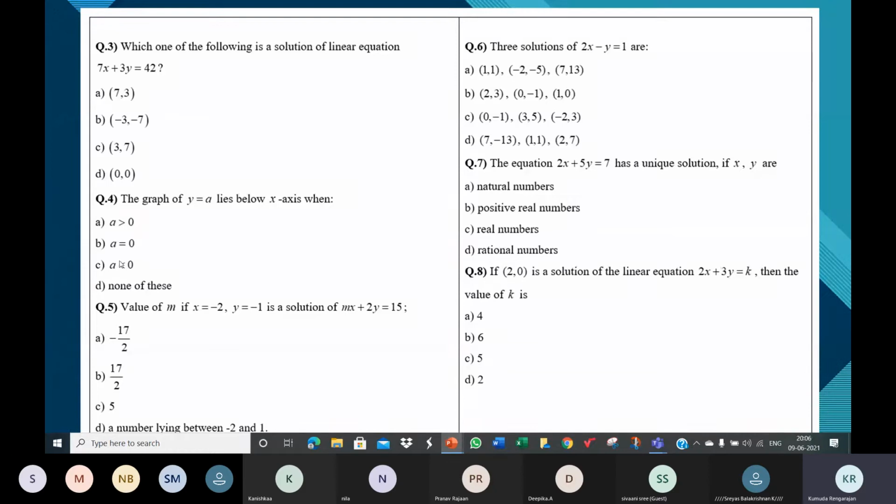A equal to 0 is neither positive nor negative. So below the x-axis, a is less than 0.